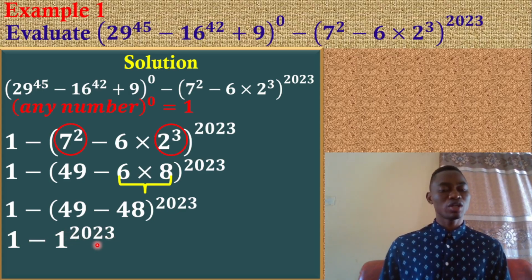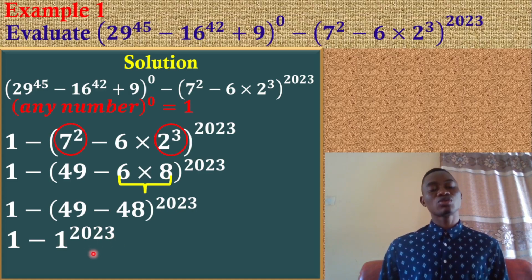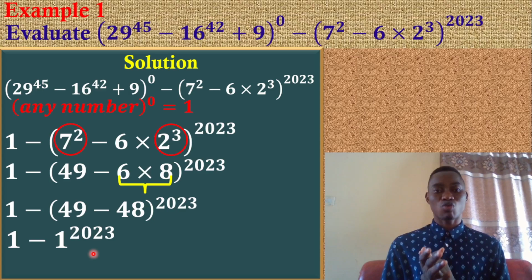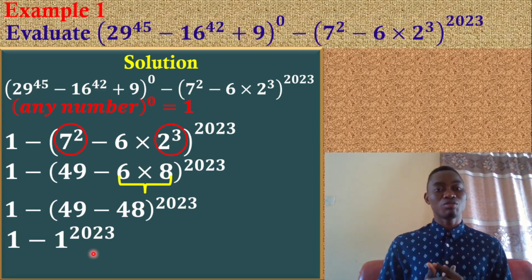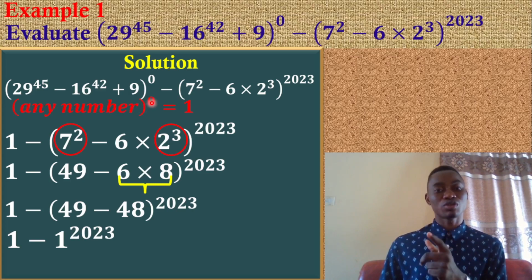So we are left with 1 minus 1 raised to the power of what? 2023. You'll be wondering, 1 power 2023, how do I get that? Of course, it is also very, very simple. 1 raised to the power of any number at all is what? 1. Yes, even 1 raised to power 0 is 1, because earlier we had learned that any number raised to the power of 0 is 1.